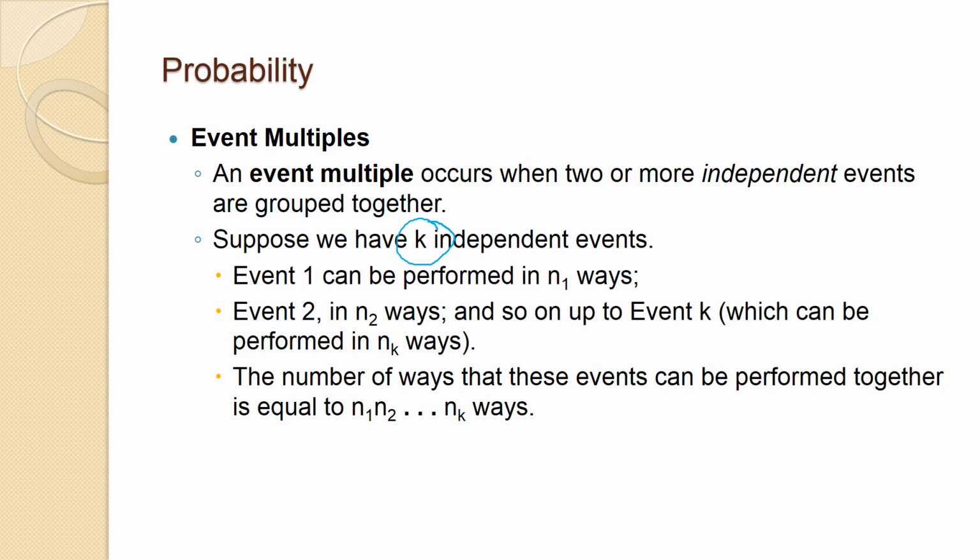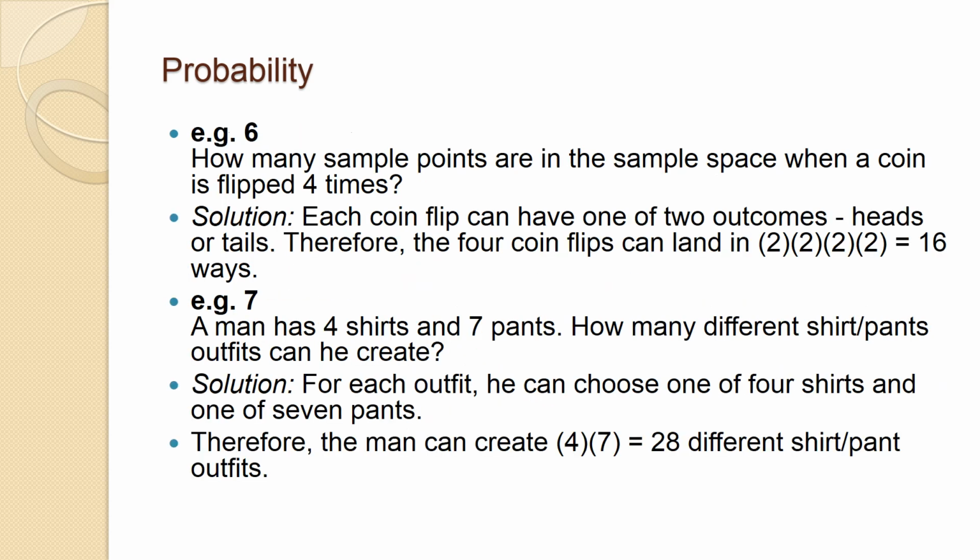The number of ways that these events can be performed together is equal to n1 multiplied by n2 up to nk. Confused? Let's go for some examples.